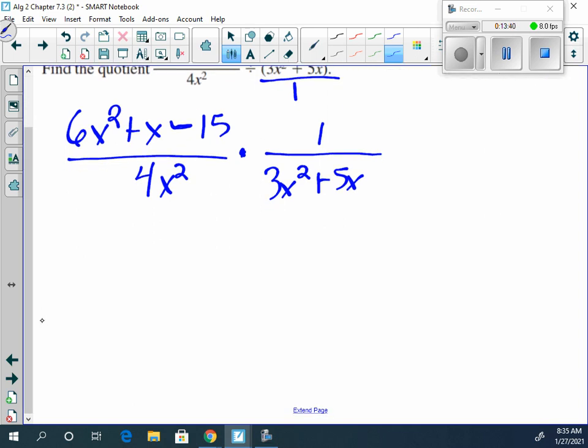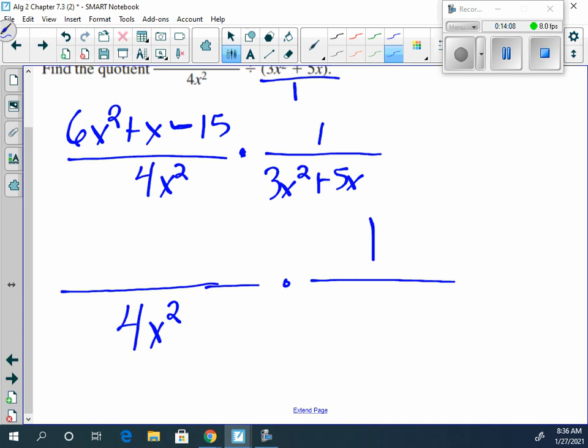So is this any really different than what we just did or what we did yesterday? Well, no, it's just that now we have to remember that the denominator for this is 1. Well, 1 doesn't factor. 4x squared doesn't factor because both of those are a single term.